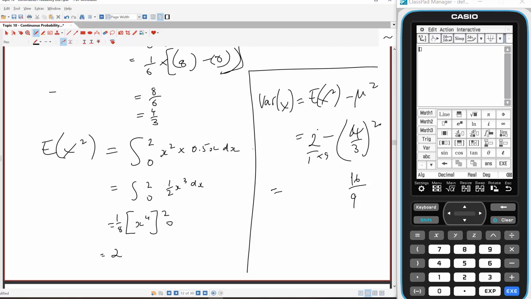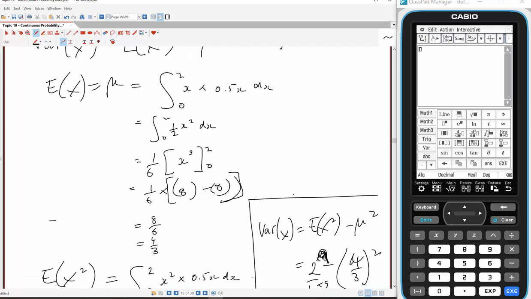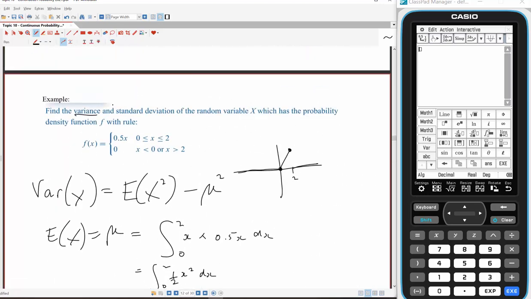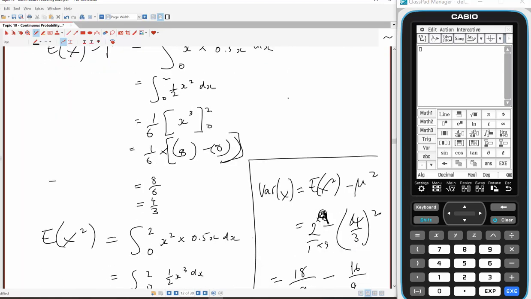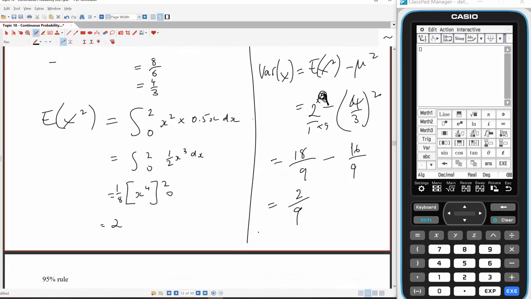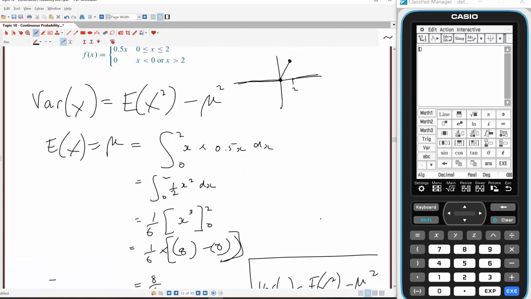This is 18 over 9, which leaves us with 2/9. So the variance is 2/9. Alright, so find the variance and the standard deviation. That means SD(X), or sigma, equals the square root of 2 over 3. So that gets square rooted, and that gets square rooted. So there's everything down.